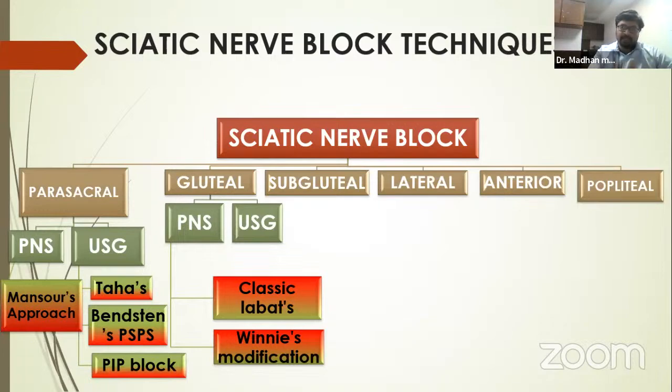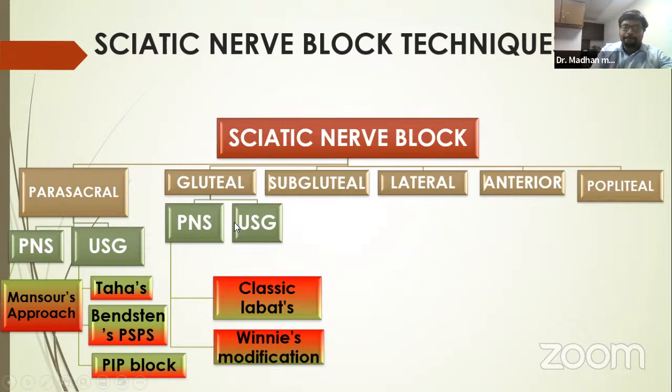PSPS was introduced some 4-5 years back, and lastly, 2-3 years back, the PAP block was introduced, which is the parasacral ischial plane block. So all these four approaches can be useful for blocking the sacral plexus, mainly the sciatic nerve at the level of origin.